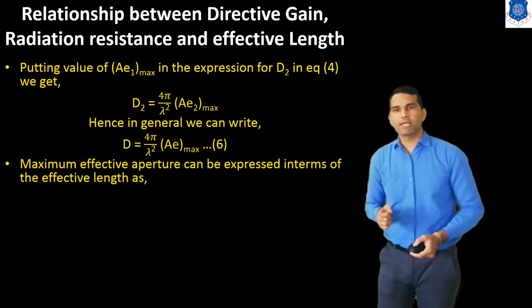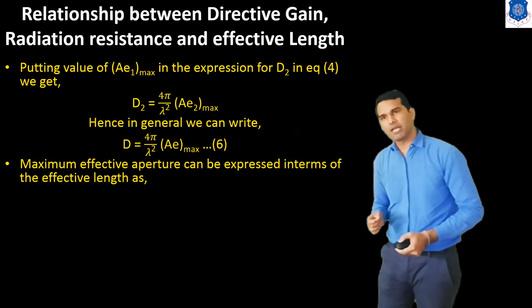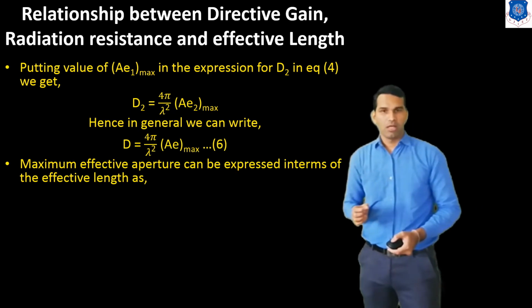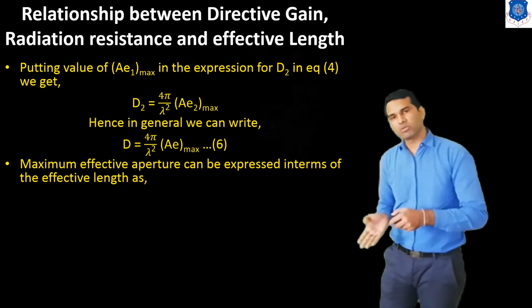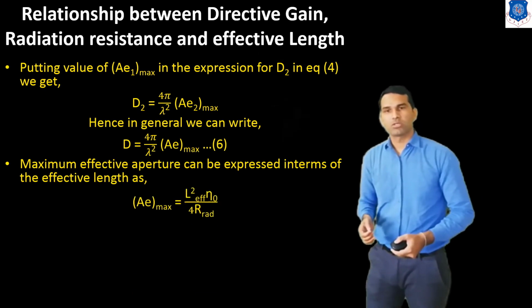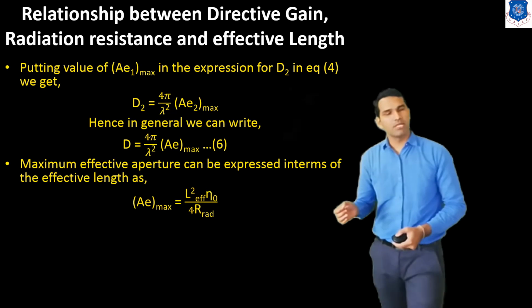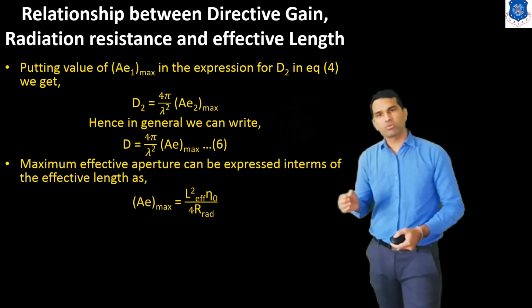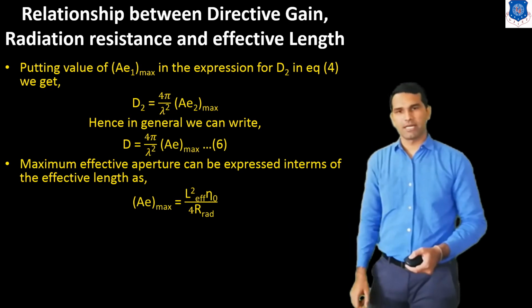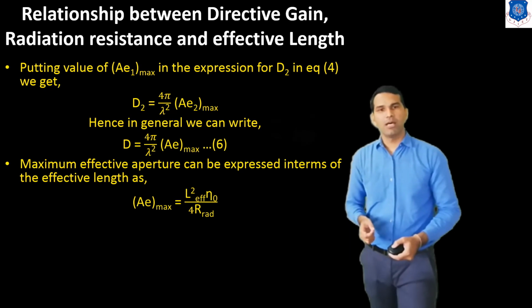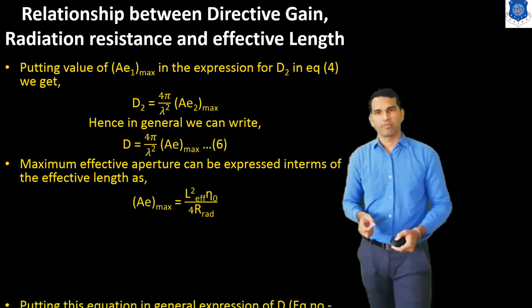The maximum effective aperture can be expressed in terms of the effective length. Now we write the equation in terms of the effective length. AE maximum is equal to L effective square eta 0 upon 4 into R radiate, where R radiate is nothing but the radiation resistance.